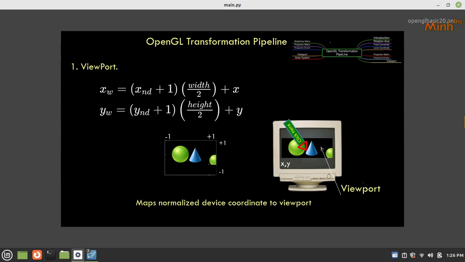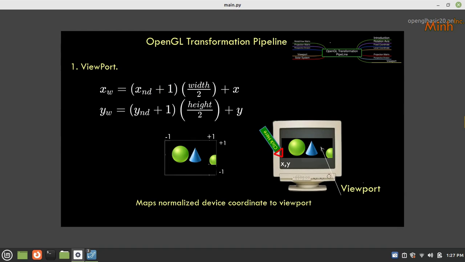That will be at the center. If it is 1 and 1, so 1 in x is here and 1 in y is here, that is top right. So 1 and 1 will become 2, so that will be width and height. It will be drawn at the top right. If it is -1, bottom left, it will become 0. So both are 0. If both are 0, then it is here.